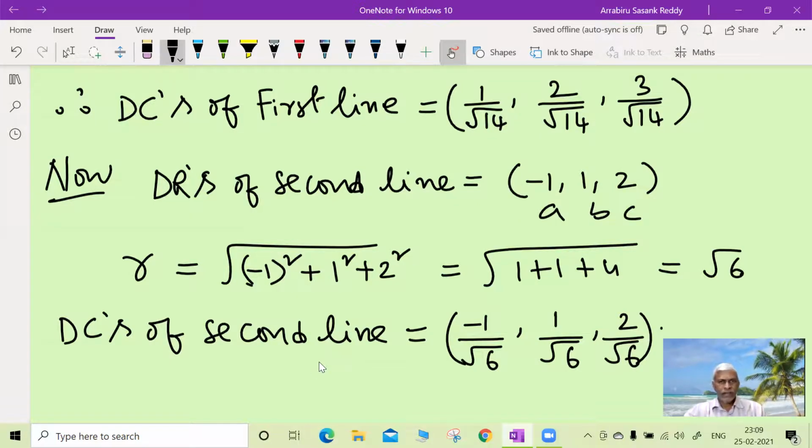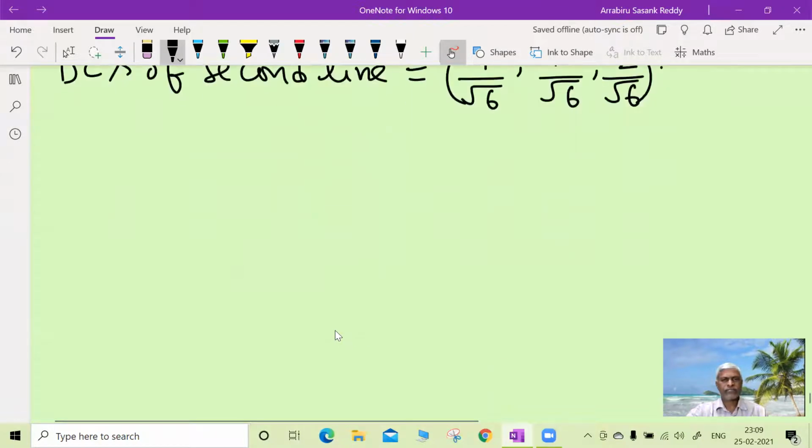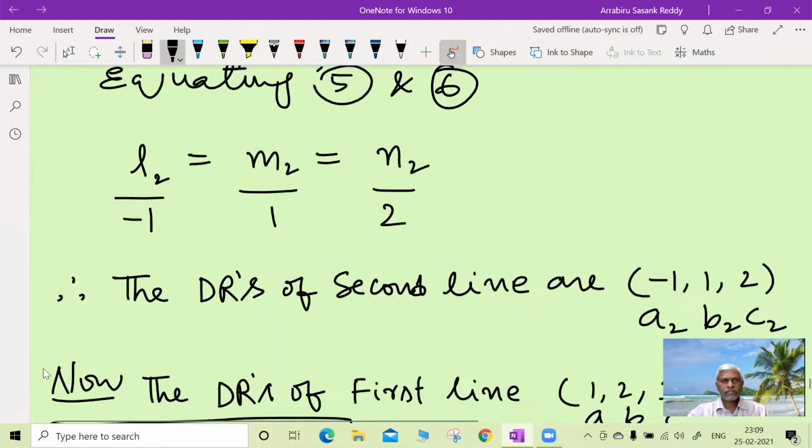This is how we find direction cosines of two lines when the conditions are given. Now, look at this.